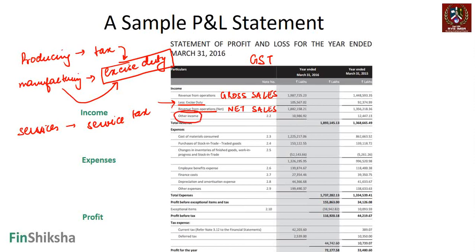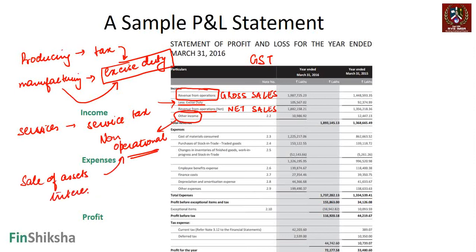Now what is other income? Whatever is coming out of your business operations is revenue from operations. Whatever is non-operational in nature is other income. For example, sale of assets may get you an income that's non-operational in nature, correct?